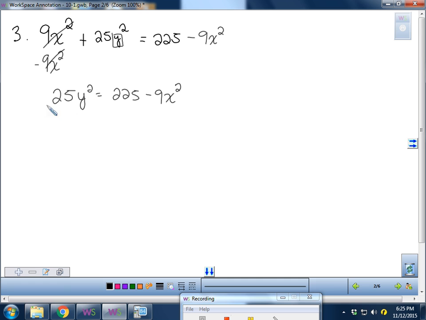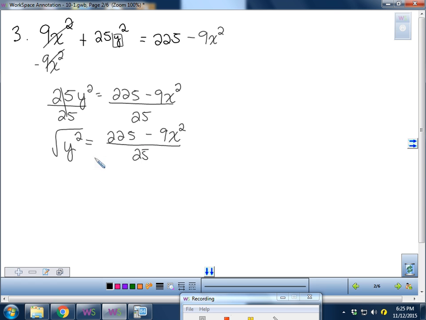Before I can square root this, I've got to divide by 25. So I will divide by 25. Again, since you're plugging it into the calculator, there's no need for you to reduce anything. You could reduce 225 over 25 and then do 9 over 25 separately, but there's no reason to do that. There's more room for error if you do that.